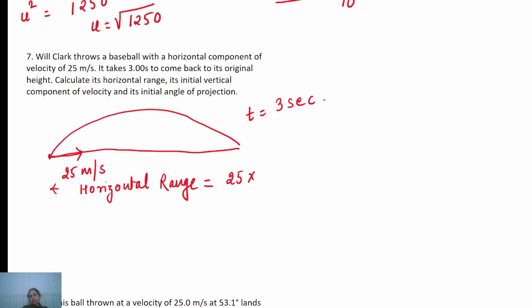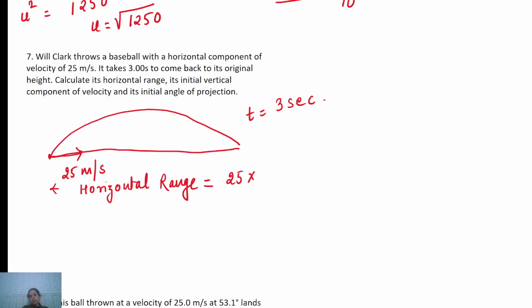So I'm going to write this as u sine theta times 3 minus 5 times 9, so 45, minus 45 equals 0. This gives me u sine theta as 45 divided by 3, 15. So I got my vertical velocity, which is u sine theta, as 15, and my horizontal velocity, which is u cos theta, as 25.